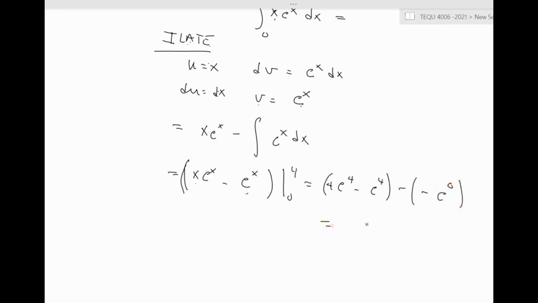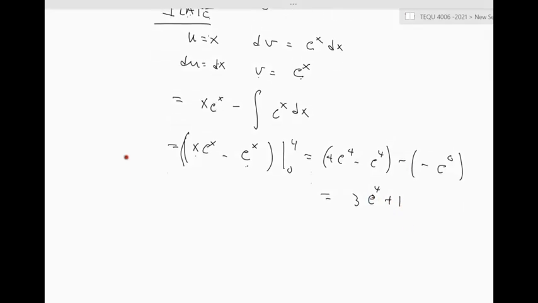And the final result will look something like 3e^4 plus 1. So that's the analytical result that we are looking into for this problem.